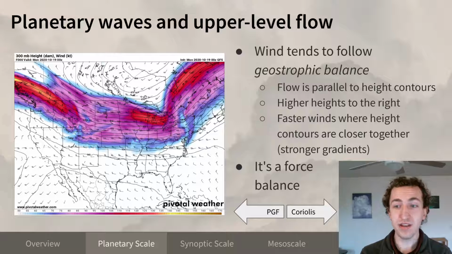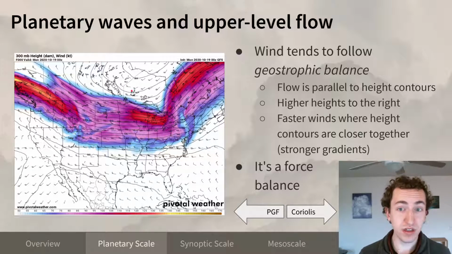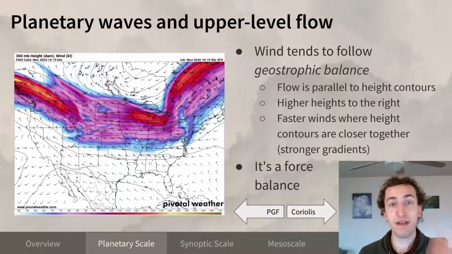The other thing, and just sort of understanding where this physically comes from, which we'll go into an explanation in the next part of this lecture, is that it's a force balance between two things. That's why we call it a geostrophic balance, because our force from the pressure gradient, which would tend to force acceleration in this direction, and Coriolis, which always tries to apply a force to the right in the northern hemisphere.